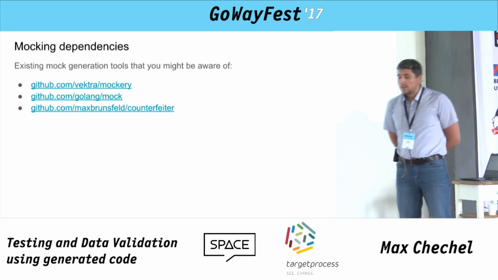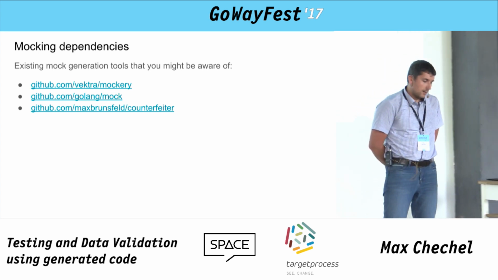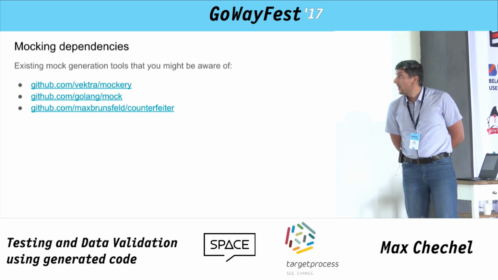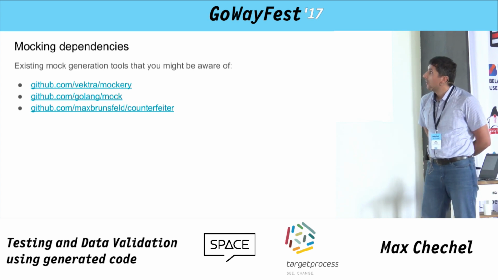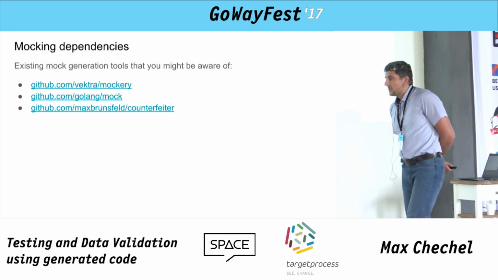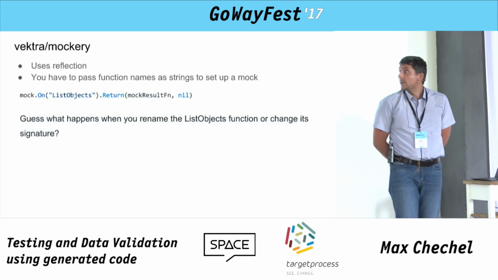Another big issue about testing is mocking your dependencies, and there are a few tools that can help with that. The most popular ones are Mockery, GoMock, and Counterfeiter. Unfortunately, none of these tools actually suit our needs. And here's why.